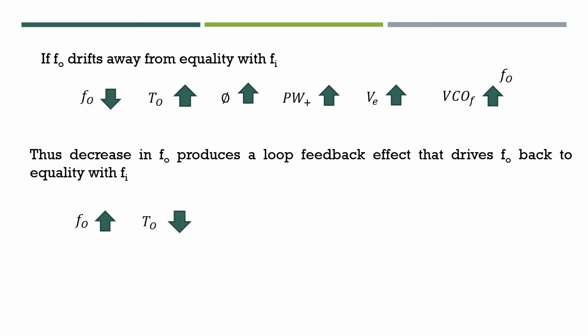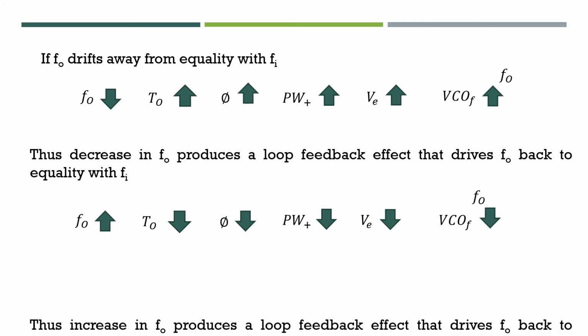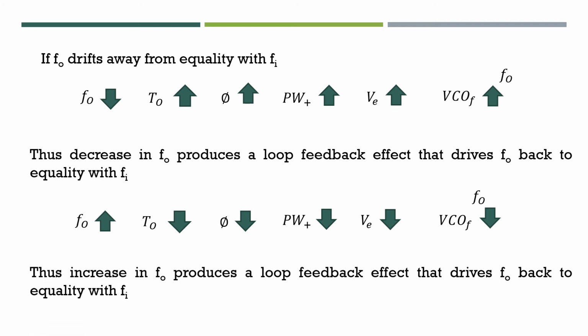If T0 decreases, phi decreases, the pulse width PW plus also decreases, VE also decreases, therefore the VCO output frequency decreases. Thus the increase in F0 produces a feedback effect that drives F0 back to equality with Fi. So in this case the frequency comes back to the input frequency, making it equality.